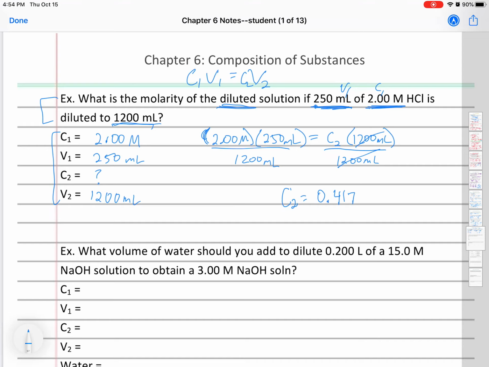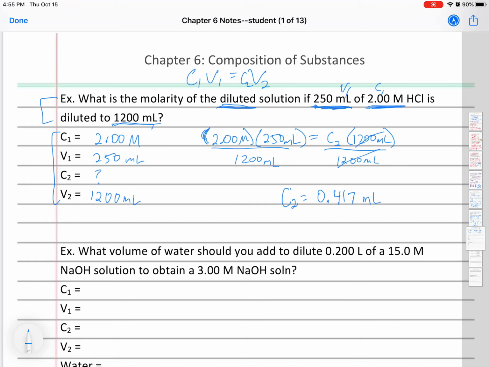Is that right? That doesn't seem right. 2 times 250 divided by 1200. Nope, that's right.